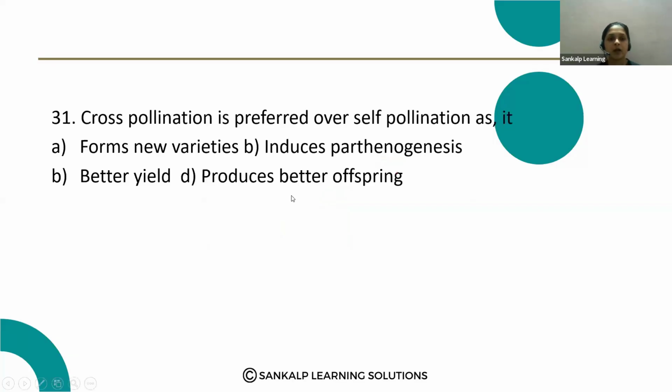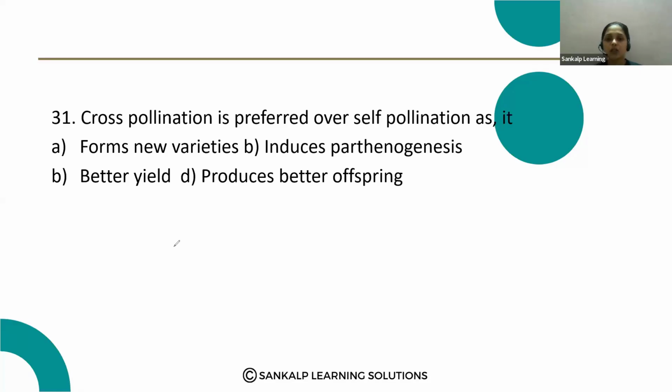Next question. Cross pollination is preferred over self pollination as it: option A, forms new varieties; option B, induces parthenogenesis; option C, gives better yield and produces better offspring. Why is cross pollination preferred over self pollination? Self pollination may cause inbreeding depression, and no new characters or new varieties are formed.